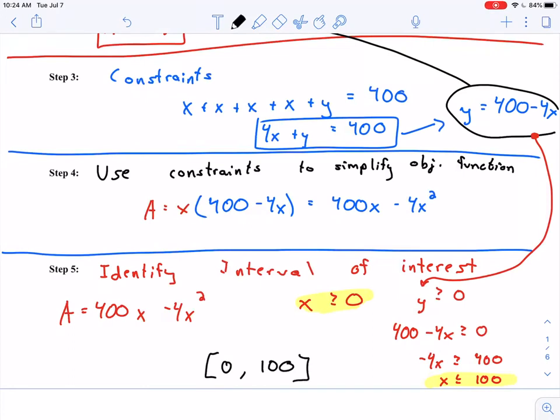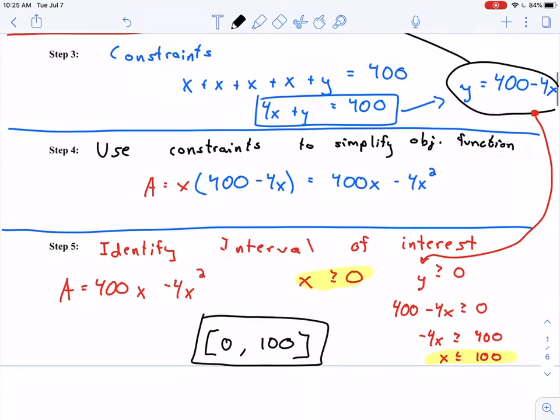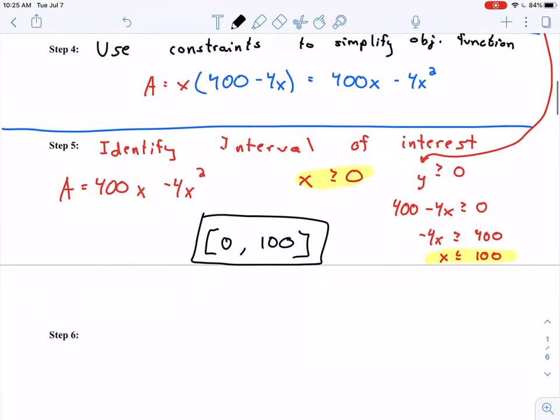This step might not seem important, but it really, really is, because this is going to help us identify what we need to do in our last step here. So identifying that domain is surprisingly important. Because essentially what I'm trying to do in step 6, we've set this problem up.